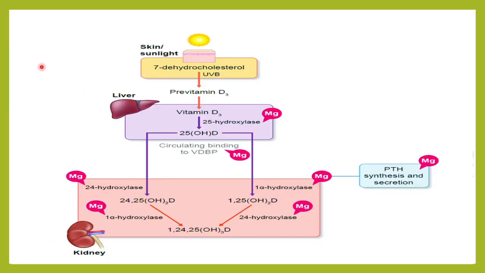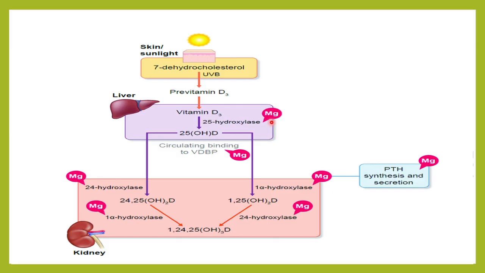Same thing here, but what I want to stress is this cofactor. This is magnesium, which acts as a cofactor here. Magnesium is a mineral, and it takes part in various steps of vitamin D production. If there is magnesium deficiency, for example if you are taking an antacid, it will bind with the magnesium and cause a reduced level of magnesium.